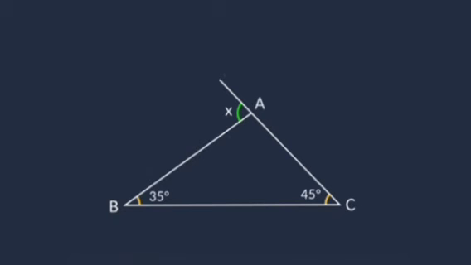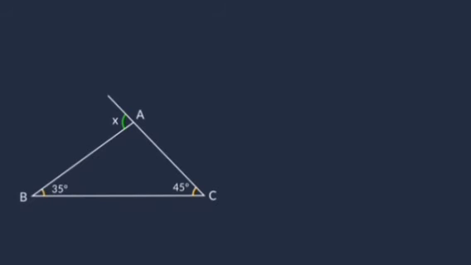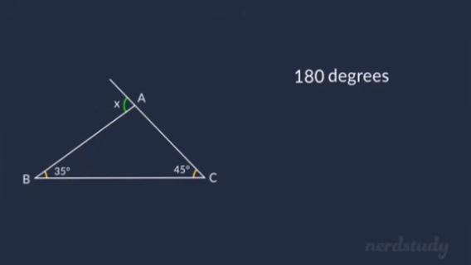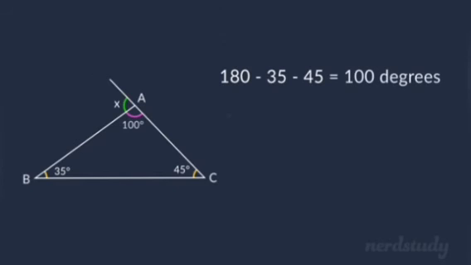Well, we know that the sum of angles in a triangle is 180 degrees. Since you know the values of two angles in the triangle, to get the last angle in the triangle, subtract 35 degrees and 45 degrees from 180 degrees, which is 100 degrees.